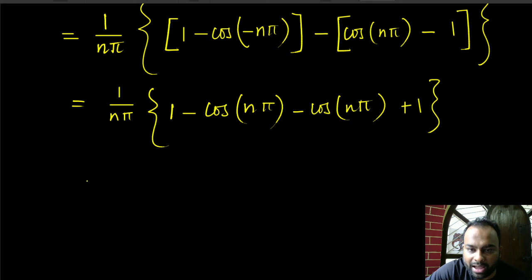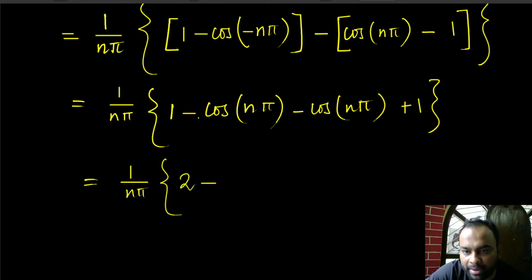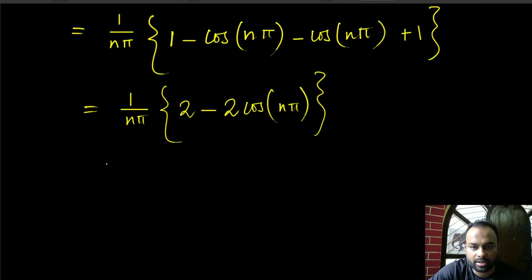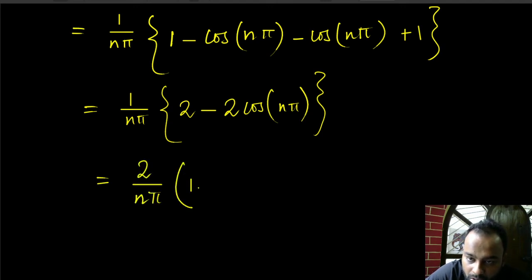So what do I have? I have 1 by n pi, and 1 plus 1, 2, minus cos n pi minus cos n pi, so 2 cos n pi. So I have 2 by n pi, 1 minus cos n pi.